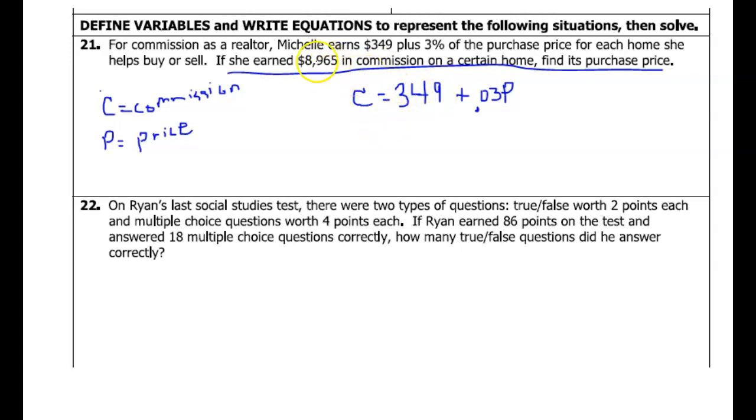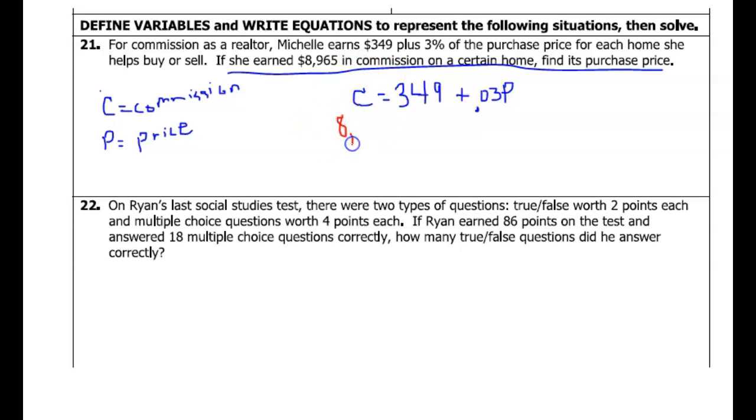Now, if she earned this amount of commission, $8,965, and I want to figure out what the purchase price of that home was, I am going to plug 8,965 into the equation for her commission. And then I'll just solve for P.